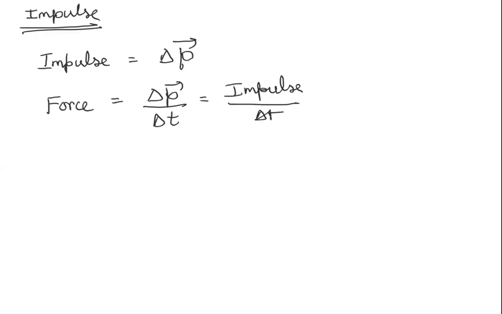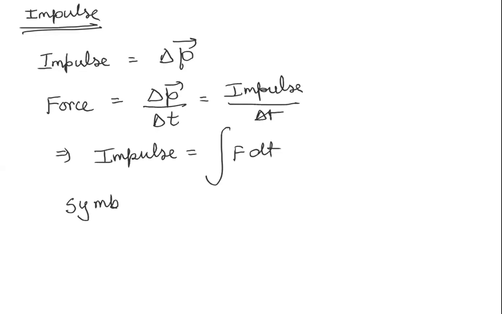Okay. Therefore, we can write impulse as integral of F dt. The symbol that we will use for this quantity called impulse will be J. Okay, and it is a vector quantity.